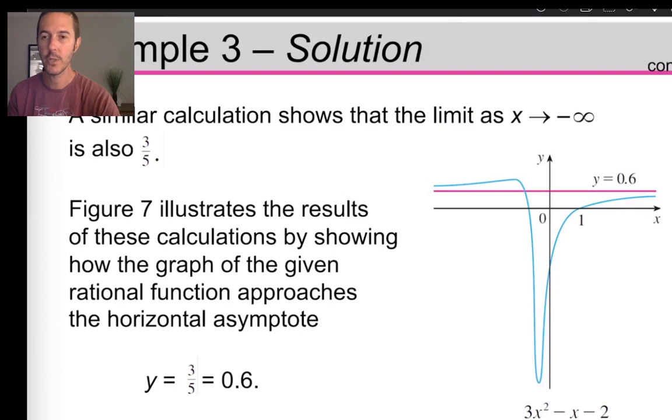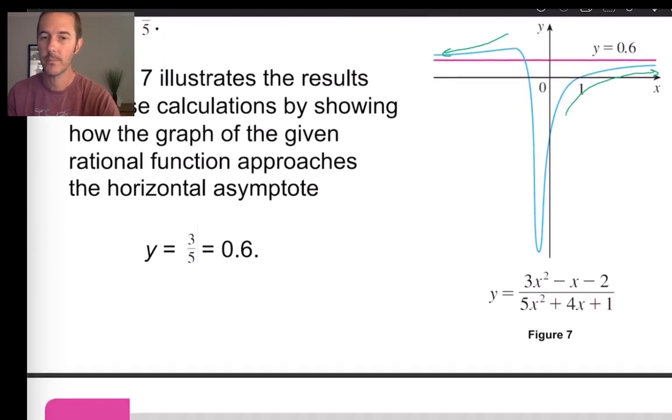And here's an illustration of that. You can see that as we go off to the right, our y values are increasing and approaching that y value of 3/5, whereas as we go off to the left, our y values are actually coming down from above a value of 3/5, but still approaching that value of 3/5, or 0.6.